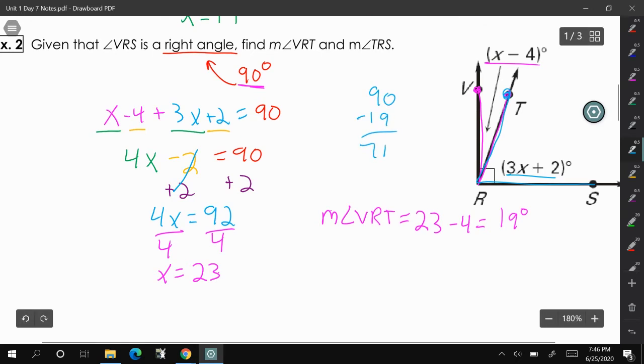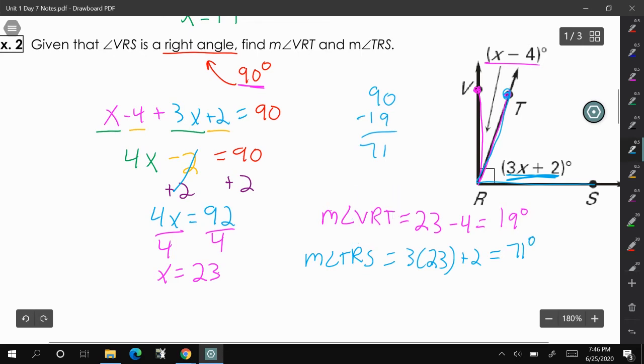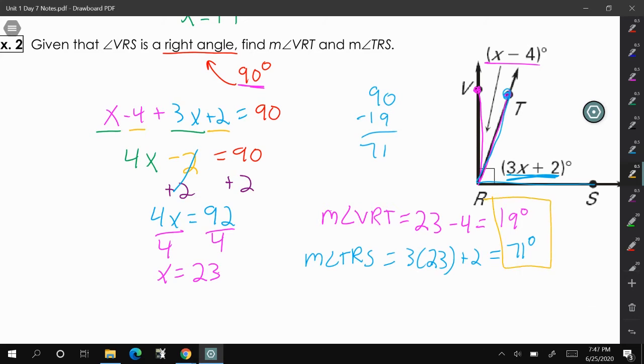Like I said, so let's use the actual formula. So the measure of angle TRS equals 3 times 23 plus 2. And then when I type that in the calculator, I get 71 degrees. So because of that, I am confident that these are my answers. If you add those up, you do get 90 degrees.